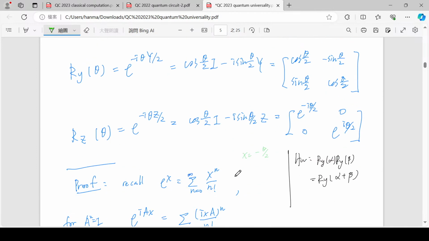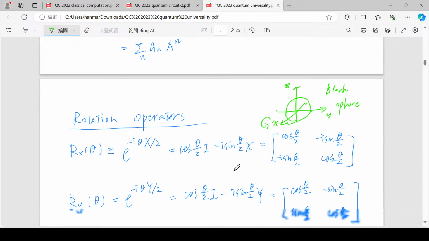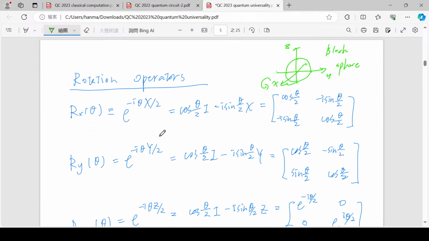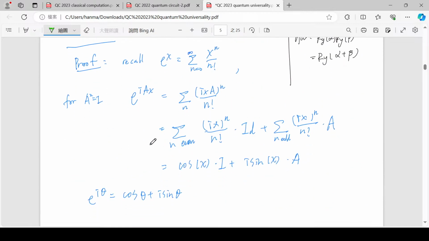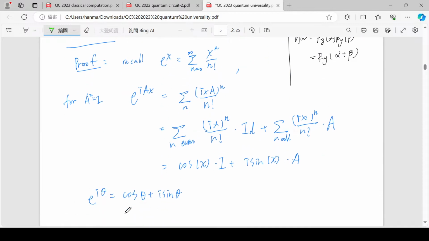And so let's do some proof about why this exponential equals this. This is similar to the Euler formula from calculus: e to the i theta equals cosine theta plus i sine theta. Here it is similar, but you just have A here.